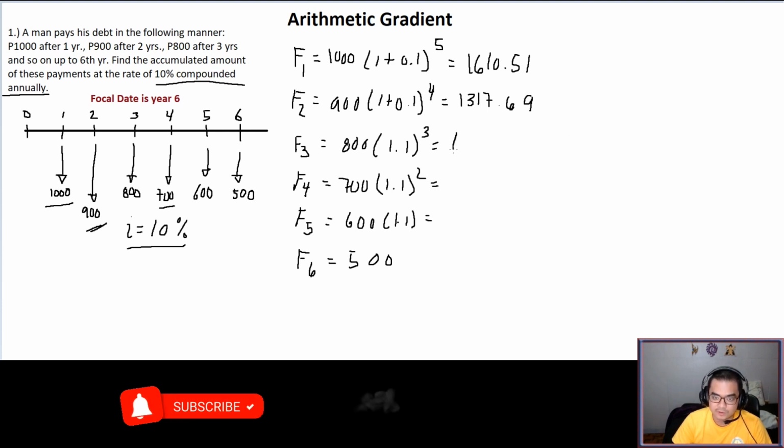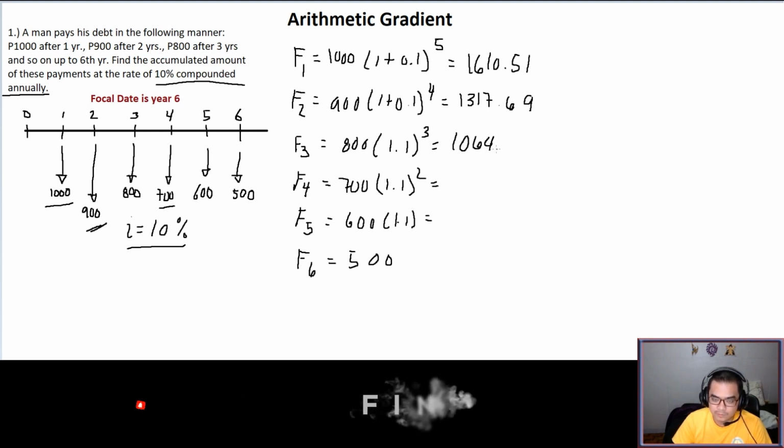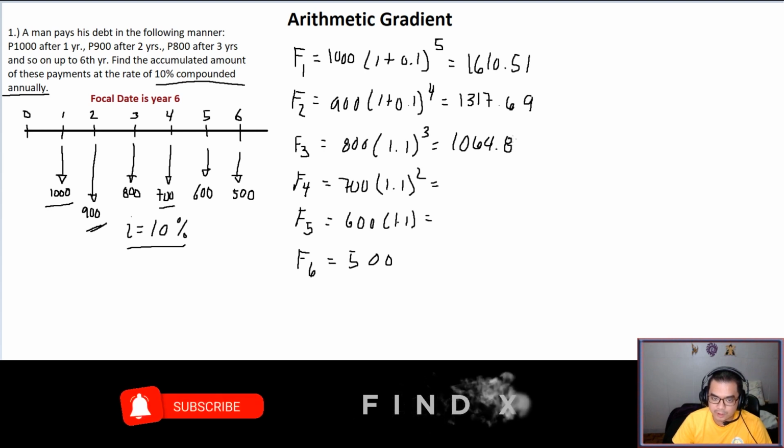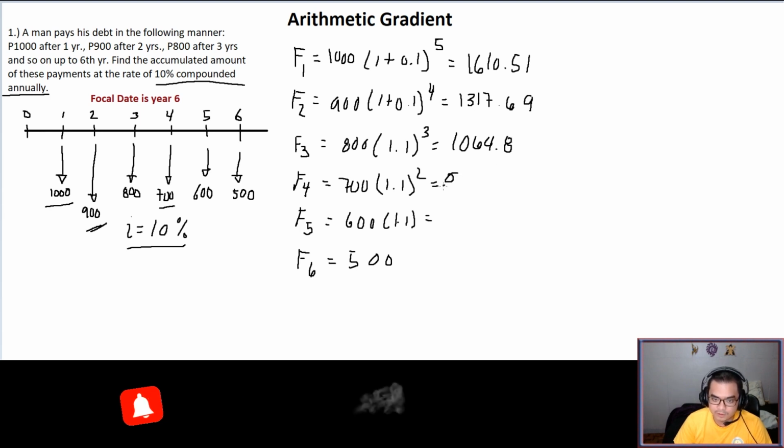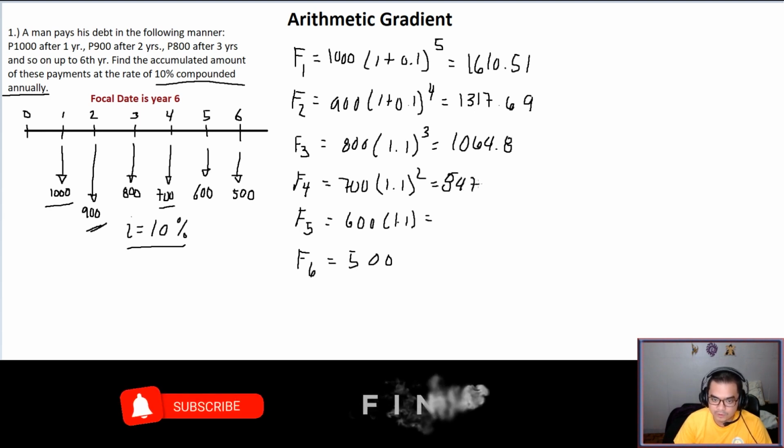Raised to 3, this is 1064.8. This is 847, this is 660, and this is 500.